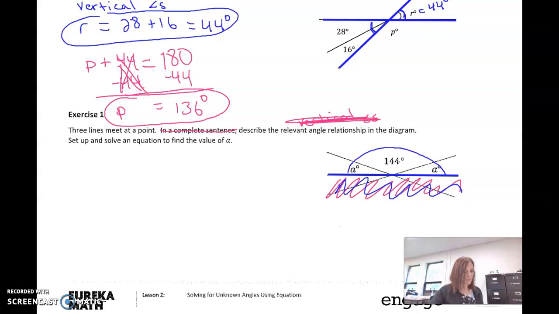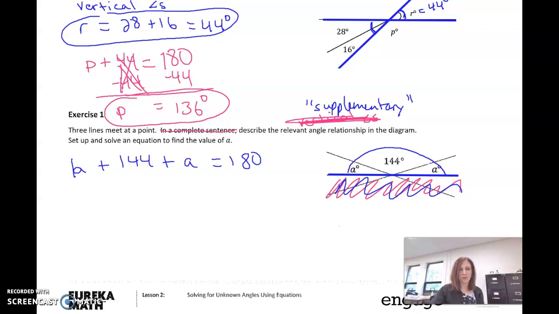Now this isn't supplementary, because technically it's not 2 angles that add to 180 degrees, but it is a straight angle, and straight angles do add to 180 degrees. So I really can just go A plus 144 plus A has to equal 180. They form a straight line. So my relevant angle relationship here, I'll say supplementary, but add to 180.